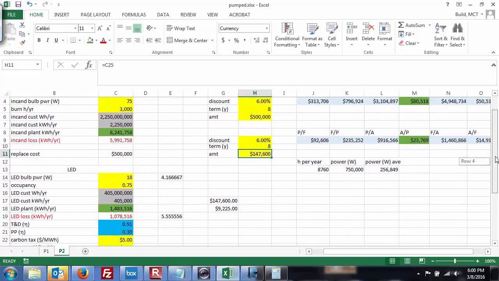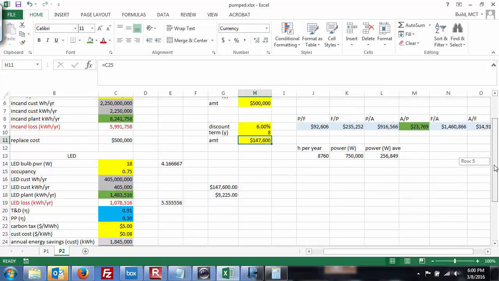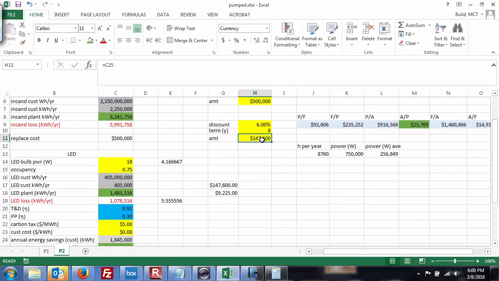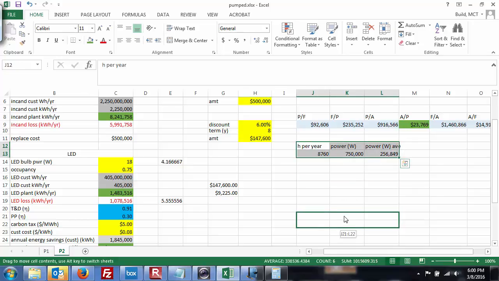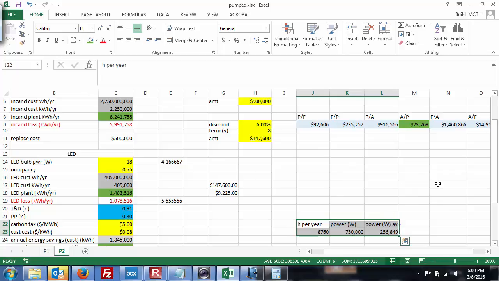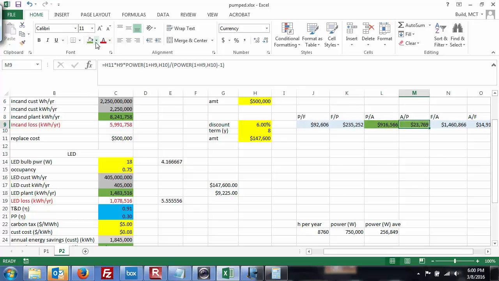Well, no, I'm trying to, this is how much the power company loses in revenue each year. So it's going to cost them that much per year. So they're basically losing this much now, if that makes sense.